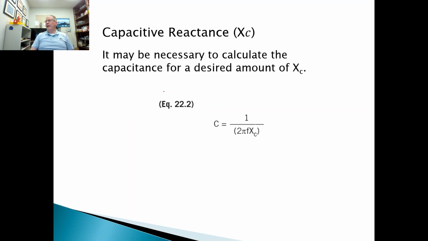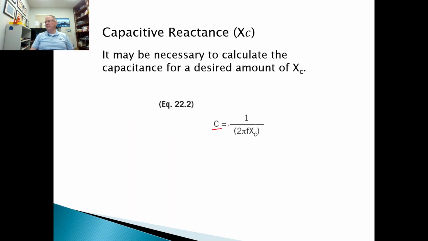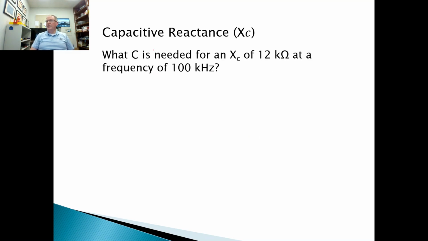Now, you may have to solve for C. So notice it's X of C equals 1 over 2 pi F C. If you multiply both sides by C and then divide both sides by X of C, you in essence just move things around, so C equals 1 over 2 pi F times X of C. So what C is needed for an X of C of 12 kiloohms at a frequency of 10 kilohertz?